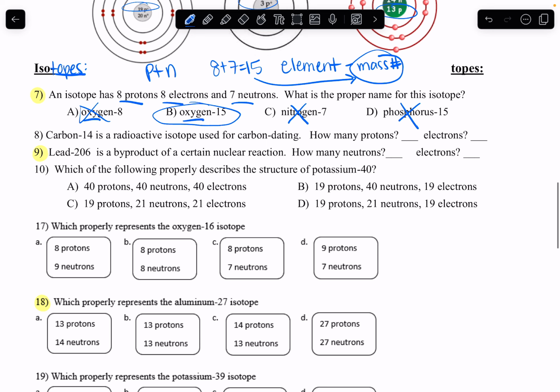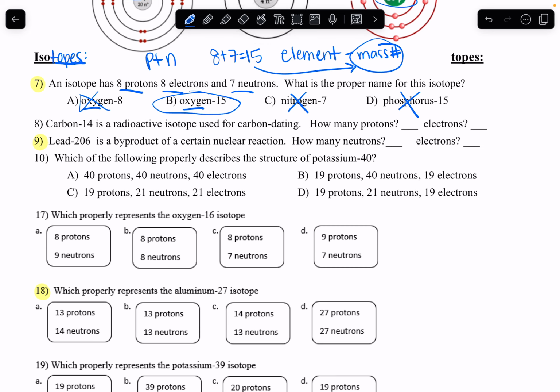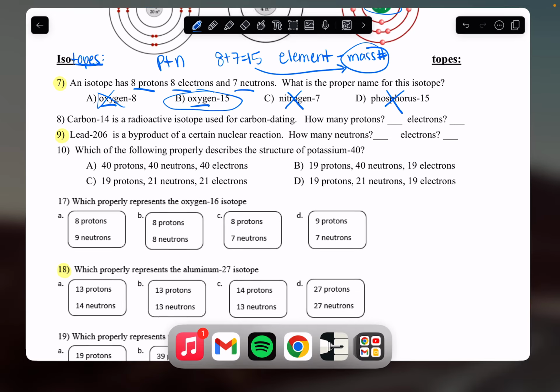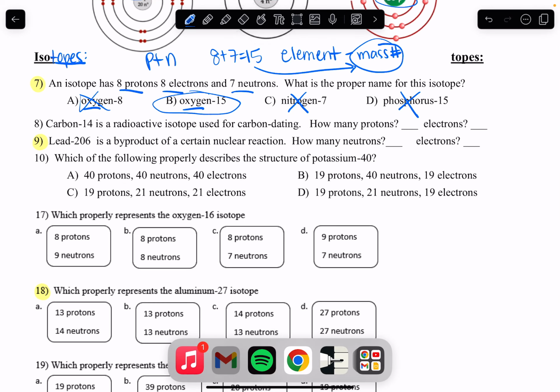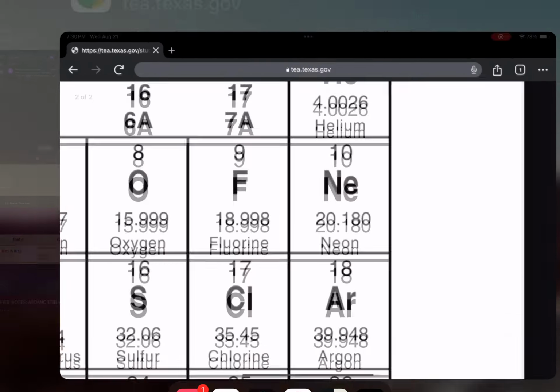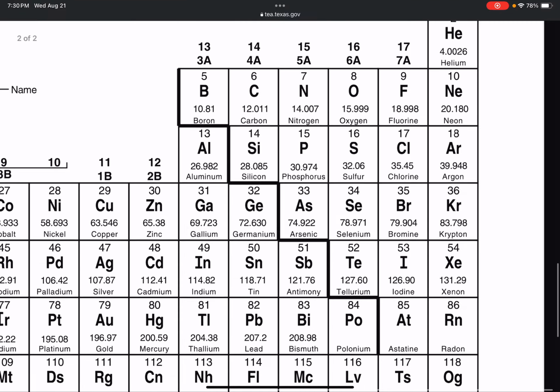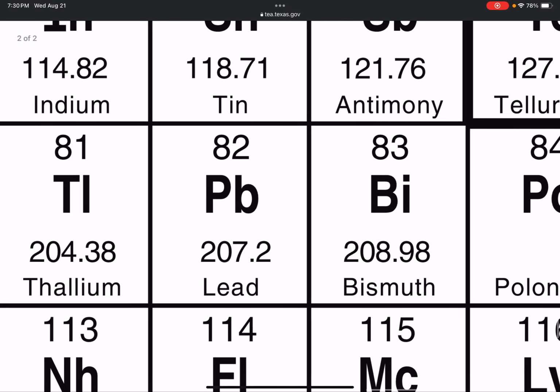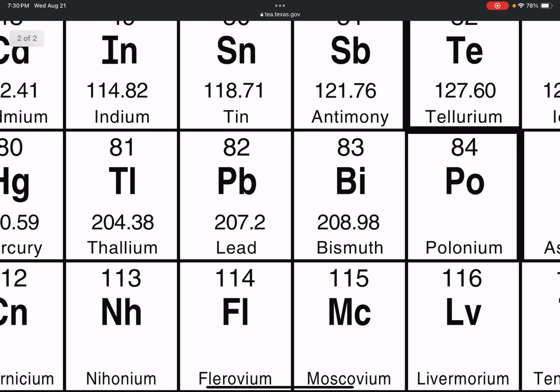All right, number 9. Lead-206 is a byproduct of a certain nuclear reaction. How many neutrons and electrons does it have? Let's go look at lead-206. That 206 is my mass number, so I already know I need to subtract something. I need to go find my atomic number for lead. Lead has a special symbol. It's Pb, which stands for plumbium, I think the Latin name for lead.